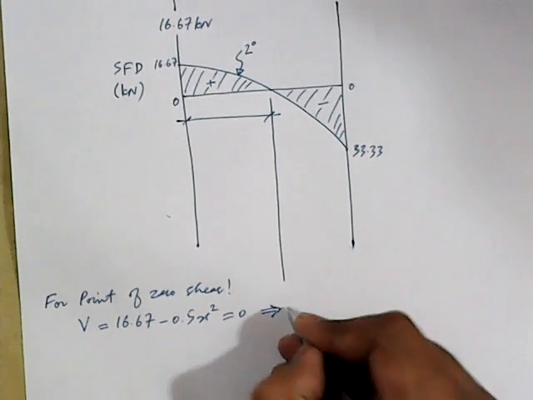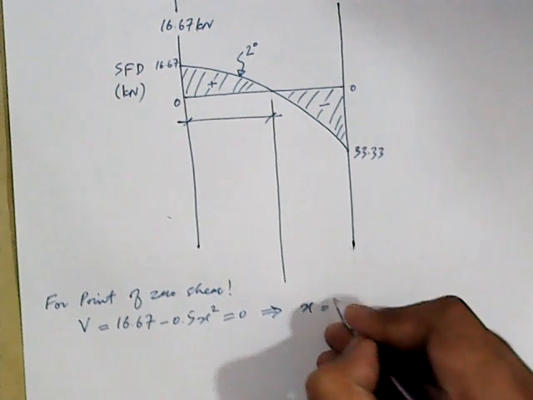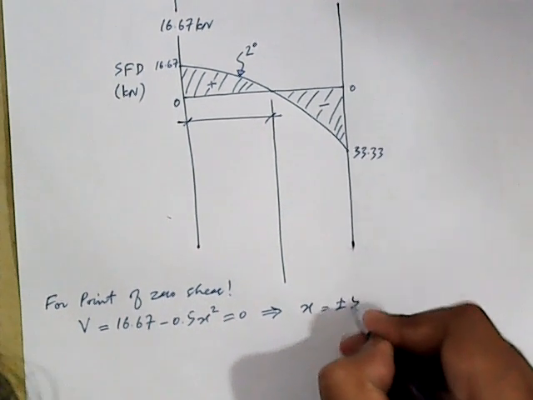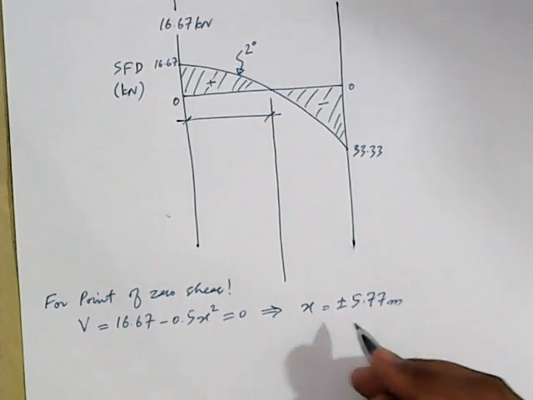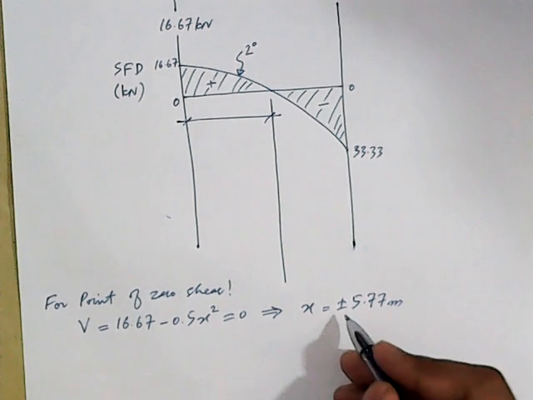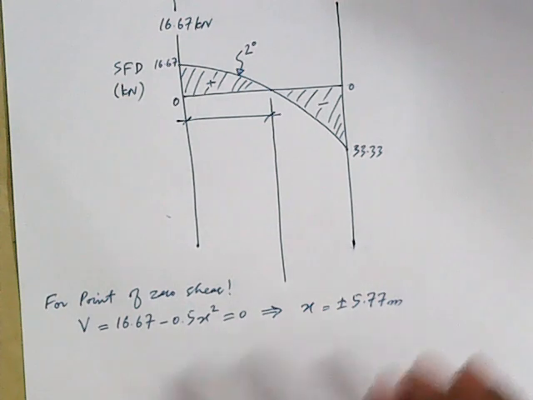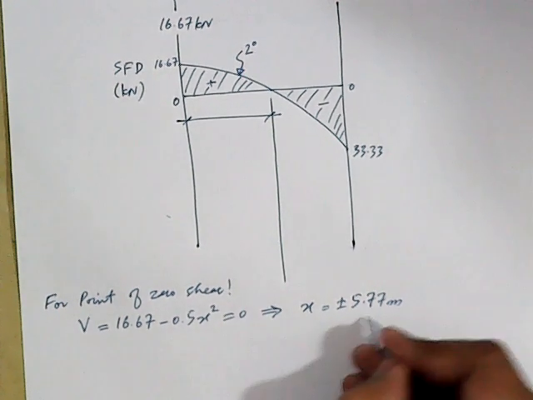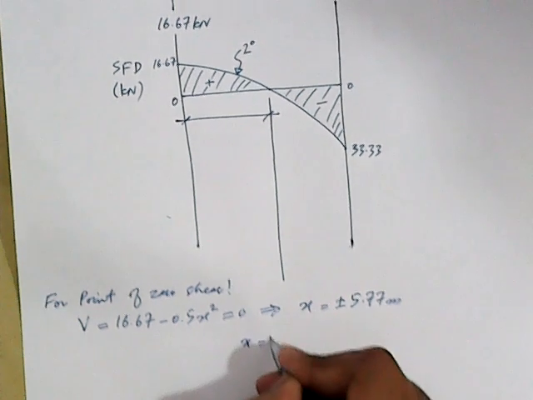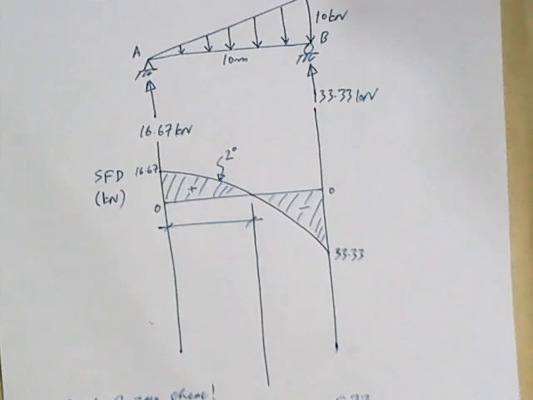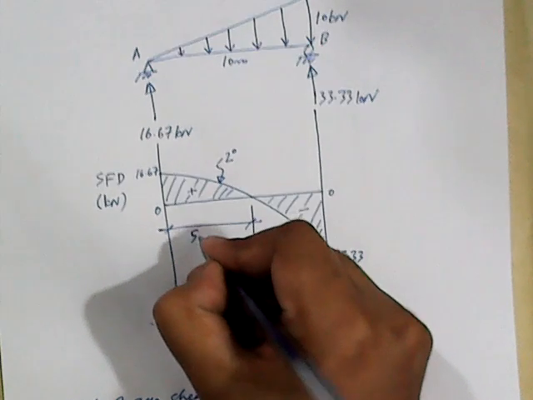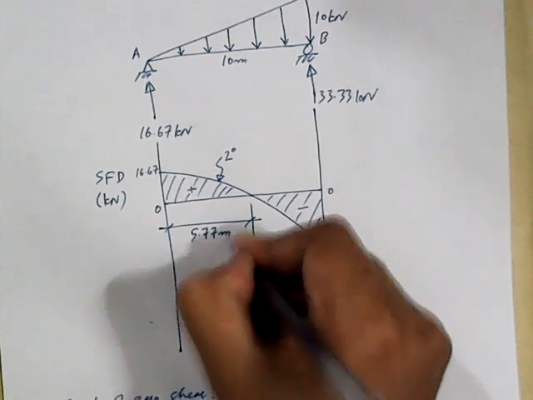This equation will give you x equal to plus minus 5.77 meters. Now, the negative value of x is illogical in this case, so we just consider the positive value. So x is equal to 5.77 meters. It means this distance is 5.77 meters.